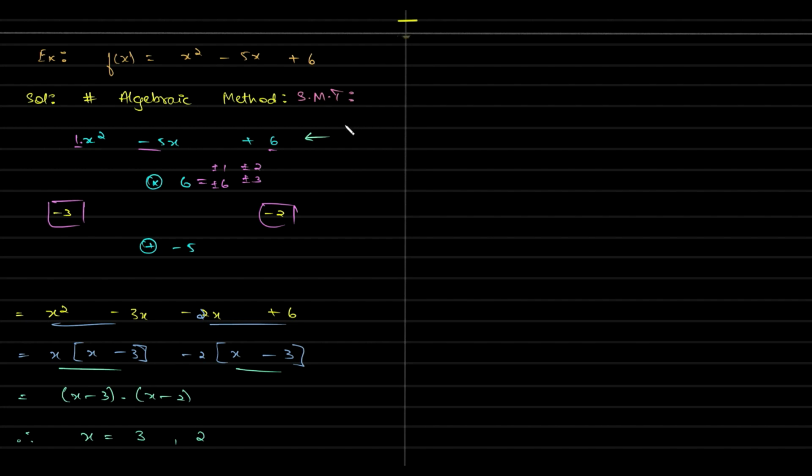That's your algebraic method. We have a formula method too. Again, you will be seeing this in a different chapter, but I'm just showing it. The formula goes like this: first you have to find something called d, which is b square minus 4ac. b is the coefficient of x, a is the coefficient of x square, and c is the constant.